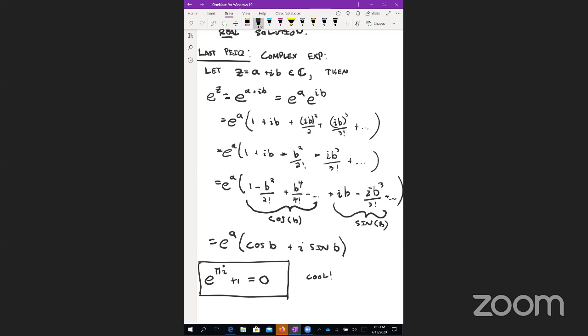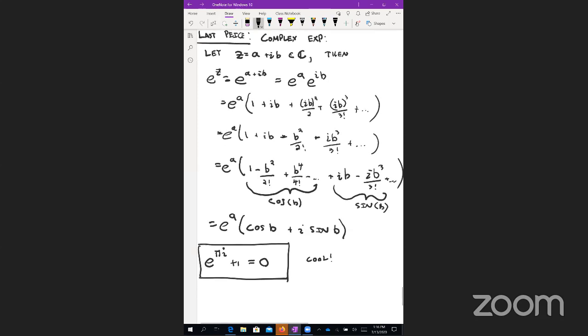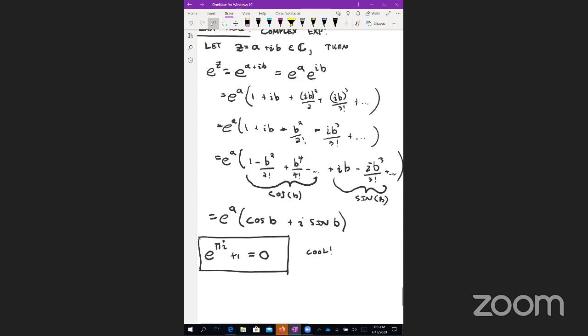So you have Euler's constant, pi, i, 1, and 0. It doesn't really have anything to do with the rest of the class. I just can't pass this moment without pointing it out. It's a very beautiful thing about complex numbers.